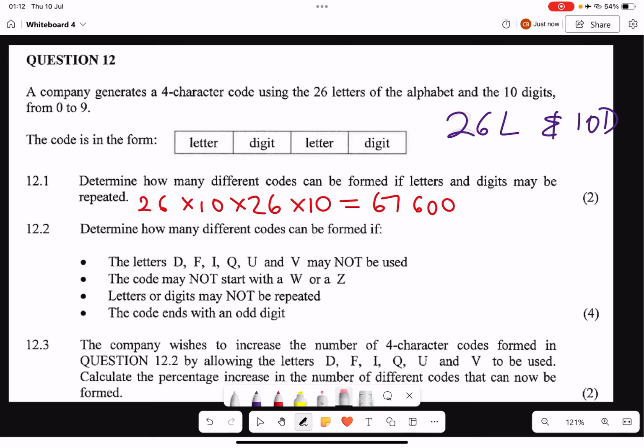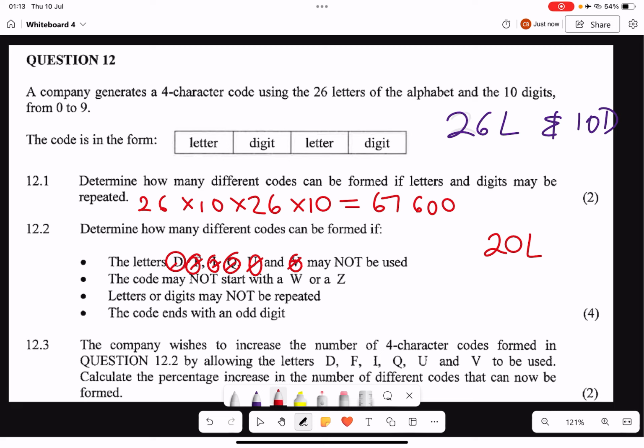All right. Now let's look at the next question, 12.2. They say determine how many different codes can be formed if the letters D, F, I, Q, U, and V may not be used. How many are they? It's 1, 2, 3, 4, 5, 6. So we cannot use 6 of them, which means our letters now reduce to 20.